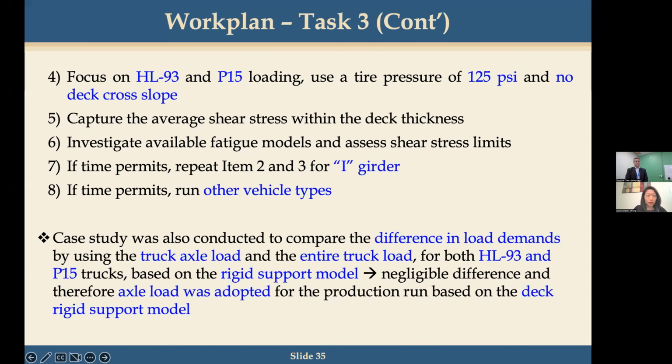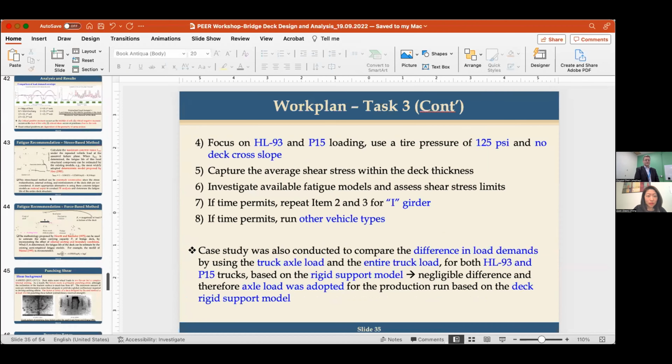The P15 is our Caltrans permit vehicle. It has 15 axles of the truckloads spaced at certain distances. And it's actually very special in Caltrans, in California, not in other states. So we have this particular loading. I think I probably have a slide showing the layout of this truckload in the loading case at the bottom.